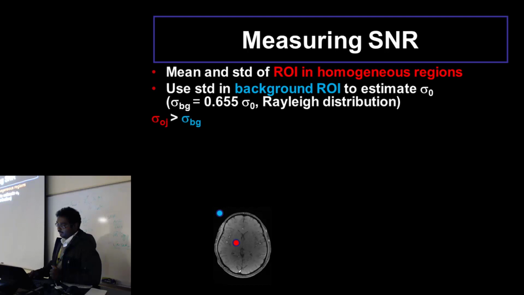So one of the ways to estimate the noise variance or noise standard deviation is to measure the noise in the background, where there is no signal. The noise in the background region is actually Rayleigh distributed, whereas wherever you have signal, for any signal to noise ratio greater than 4:1, the noise distribution in the signal region is always going to be Gaussian.